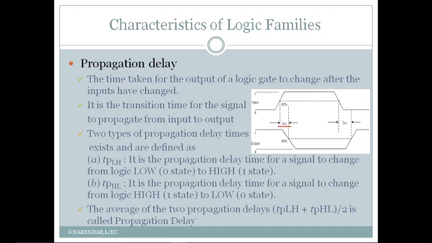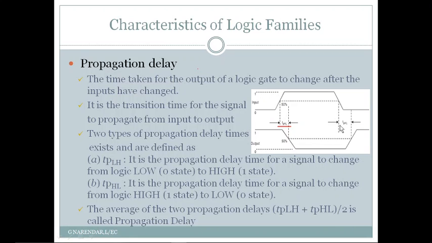So every signal experiences some amount of delay when it is passing through a logic gate, and that delay is calculated by observing the input signal and the corresponding output signal, by which we can measure TPHL and TPLH.